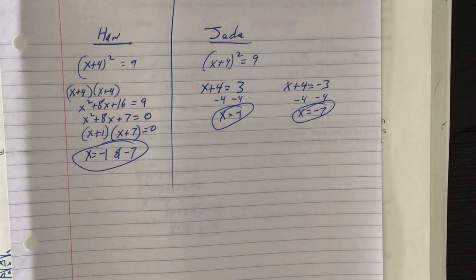Jada's way. Notice you should get the same answer. So Hans' way is what we've been doing. Jada's way now is a shortcut, but only for perfect squares. You have to subtract 16 minus 9. So this was -9.